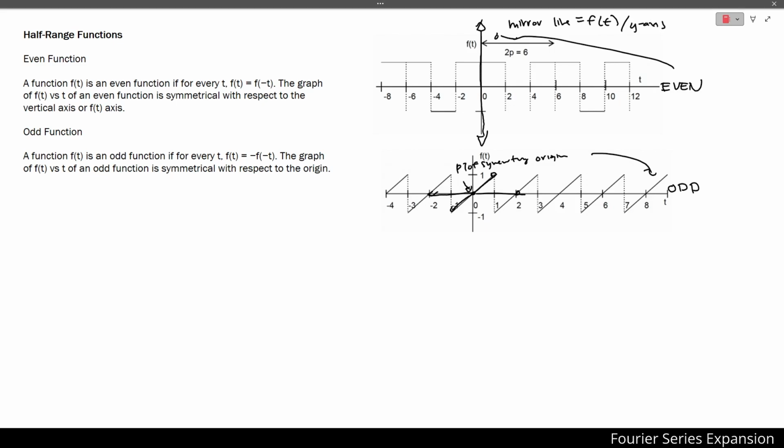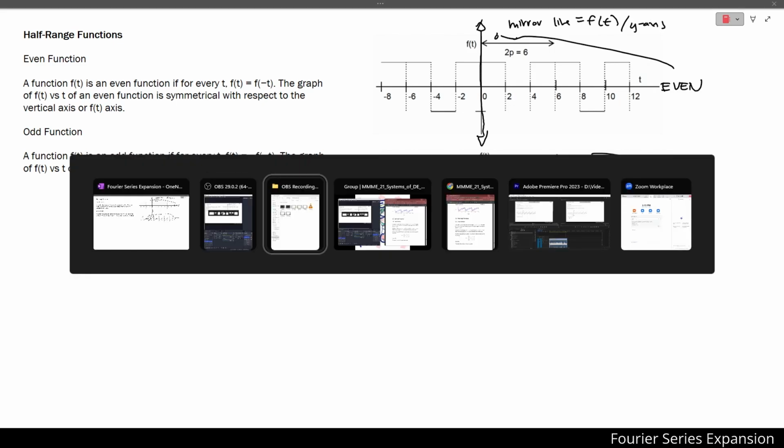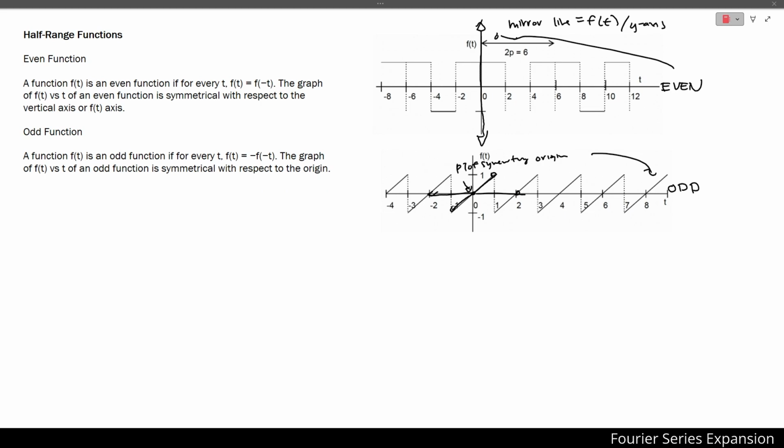So, bakit natin ito kailangan? Well, hindi naman siya kailangan. Pero, pag na-realize nyo na even or odd function siya, mapapadali yung calculations natin. Because if your function is even, automatic b of n is equal to 0.